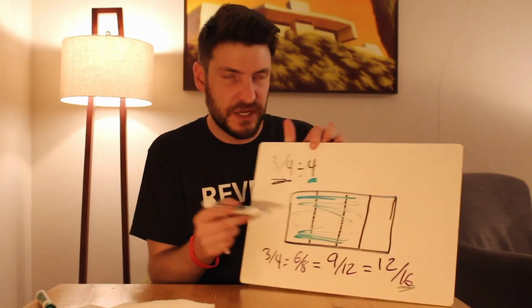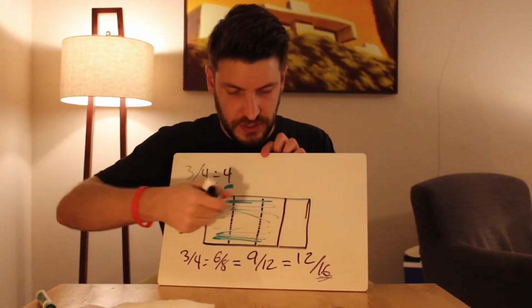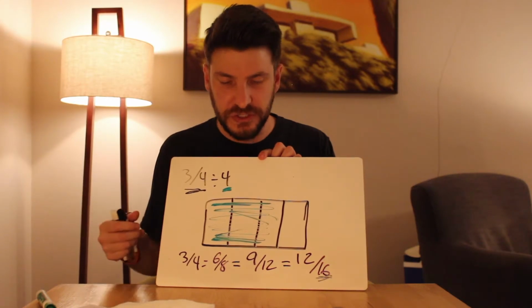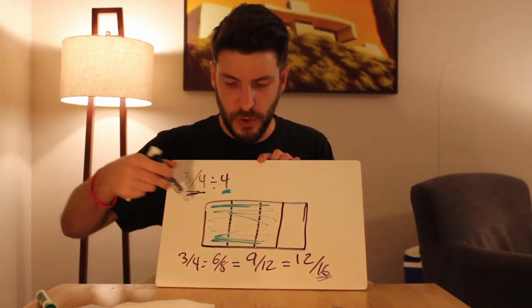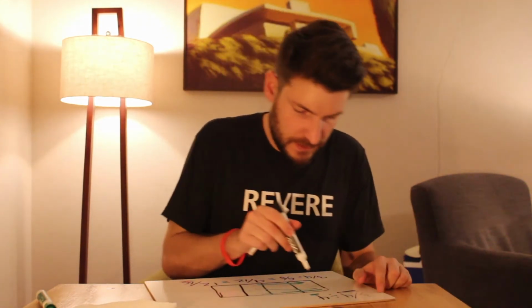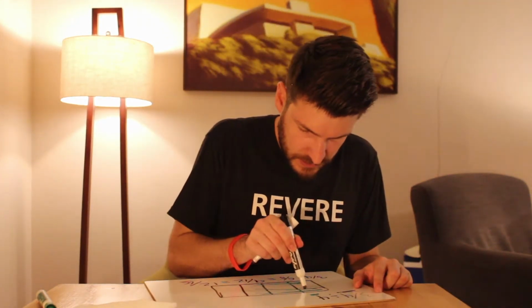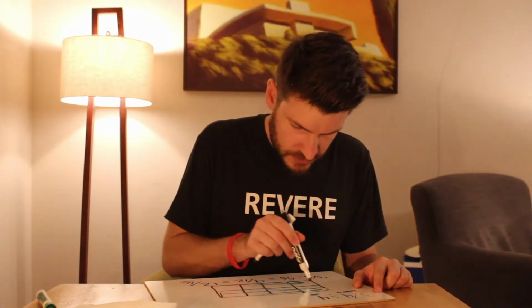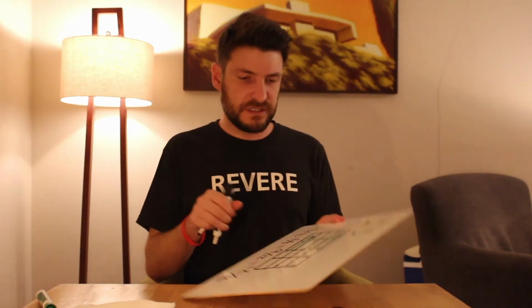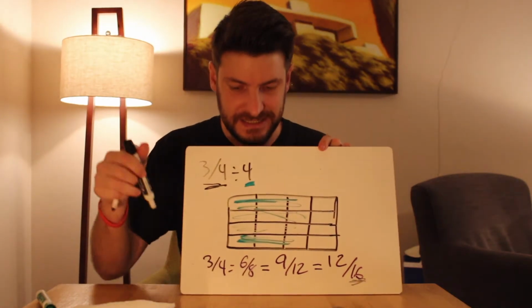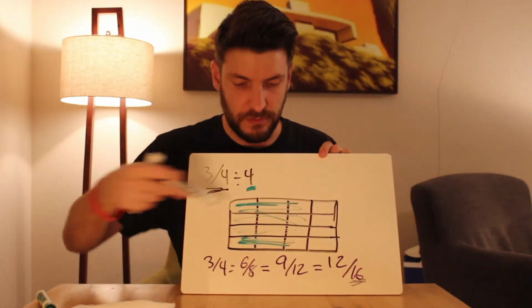So how do we change this into 16? Well, what we're going to do is we're going to split it horizontally, like I said before. Watch this. Put one line here, one line here, one line here. Now if you look closely, you'll see that I've split it into 16 pieces because I went horizontally now.